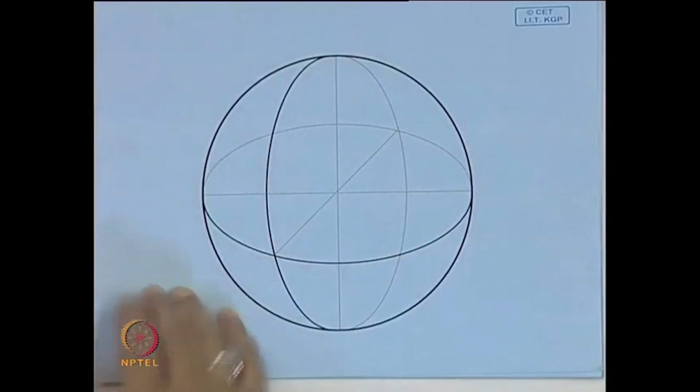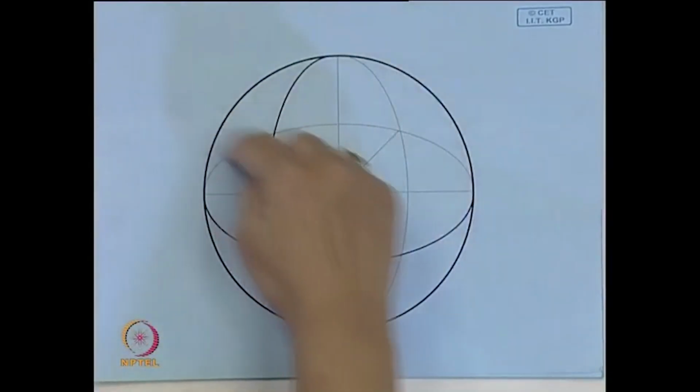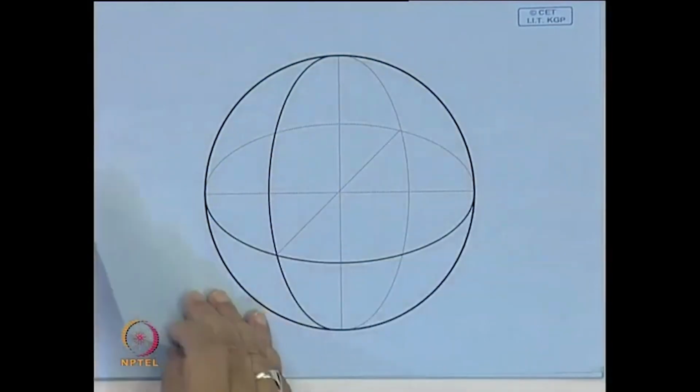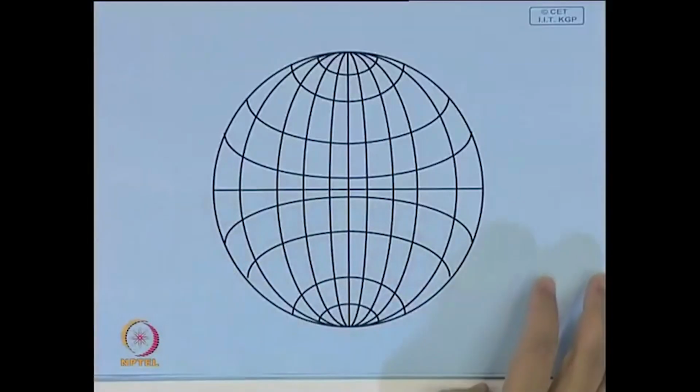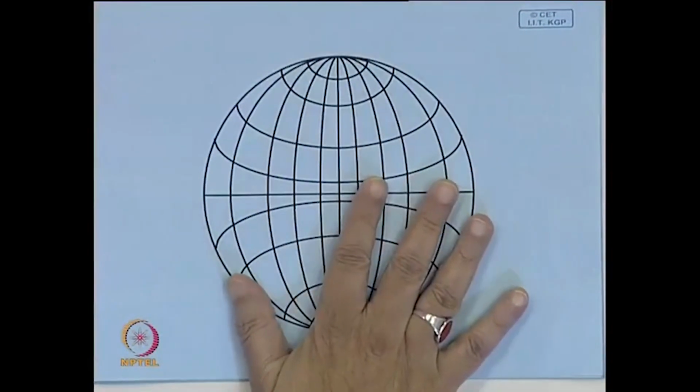We also have a set of lines in the globe which go like this. We call these latitudes. Here also you can think about a similar situation and look at a projection of this kind of ruled globe, which we call the Wulff net.